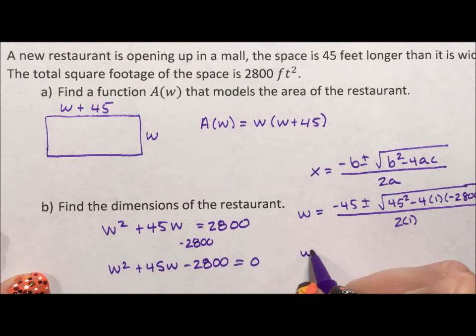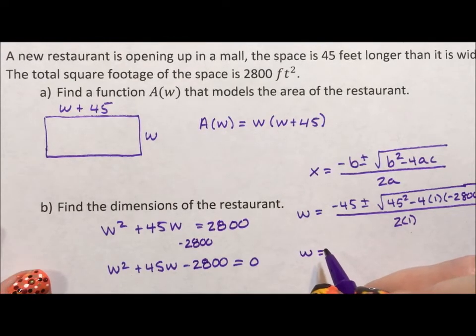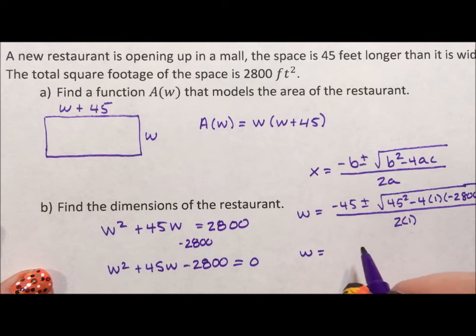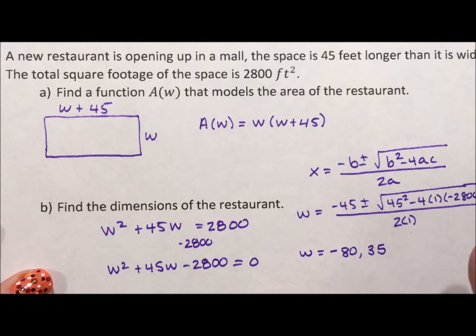All right, so now is the part where you cheat. You jump into the calculator, and the two solutions I get when I throw this into the calculator are negative 80 and 35. All right. Well, I am doubting negative 80 is correct since there's no such thing in the real world as negative dimensions. So we're going to go with the 35.